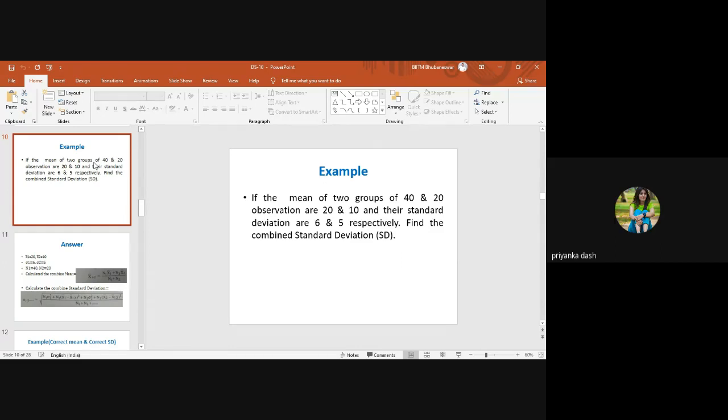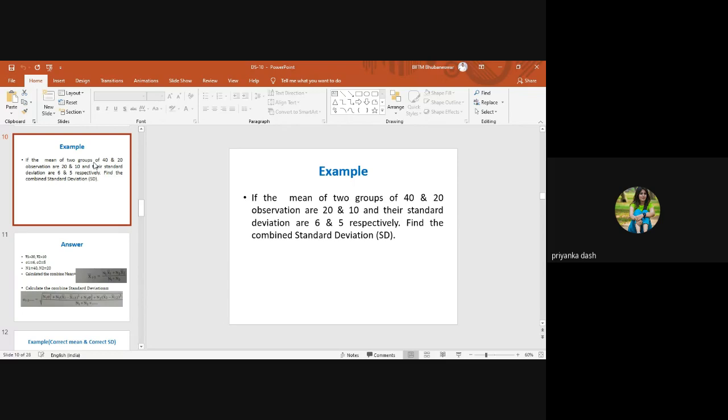I repeat, carefully read the question: mean of two groups of 40 and 20 observations. Break the sentence; in that case you can easily identify the numbers used in calculating the combined standard deviation. N1 is 40, N2 is 20.